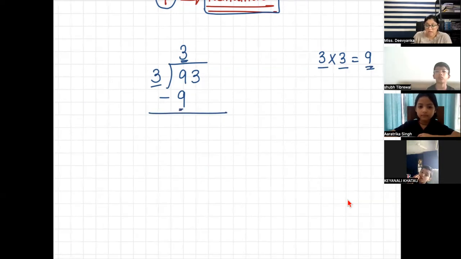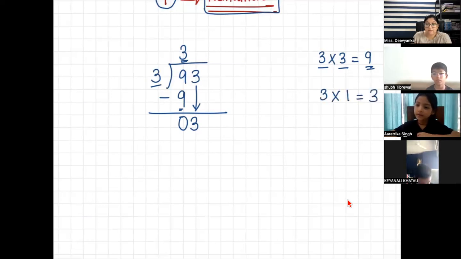Okay? Now 9 minus 9 is 0. So we write 0 in this place. Now we take the next number down. Which is the next number? 3. So let's write 3 here. Okay. Now when does 3 come in the table of 3? 3 times 1 is equal to 3.